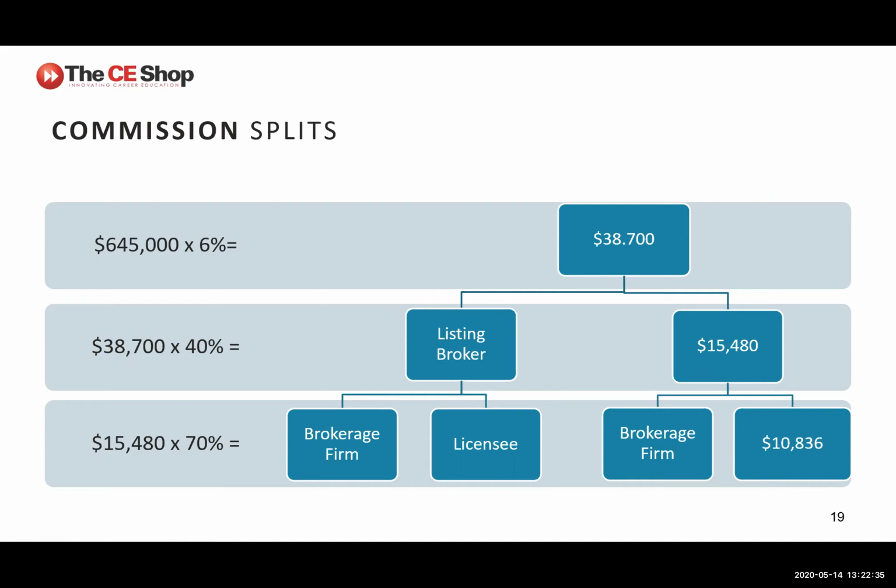Because we're looking at the broker that brought the buyer into the equation, we only want to know what 40% of that is. And 40% of the full commission is $15,480. We're only concerned with what the licensee made. So you would multiply the 15,480 by 70% to get your 10,836.